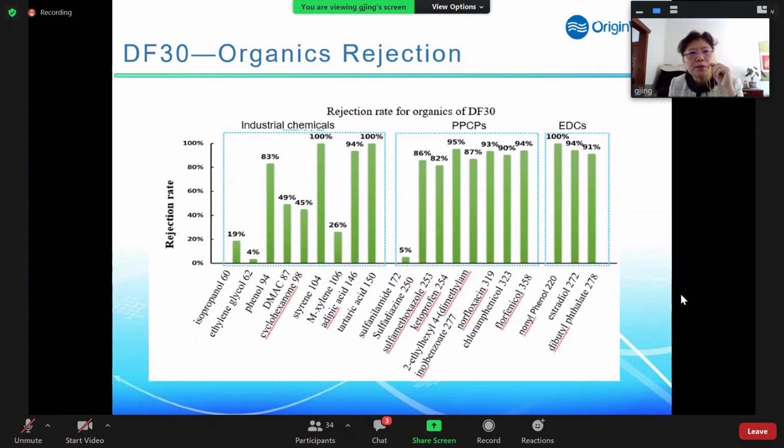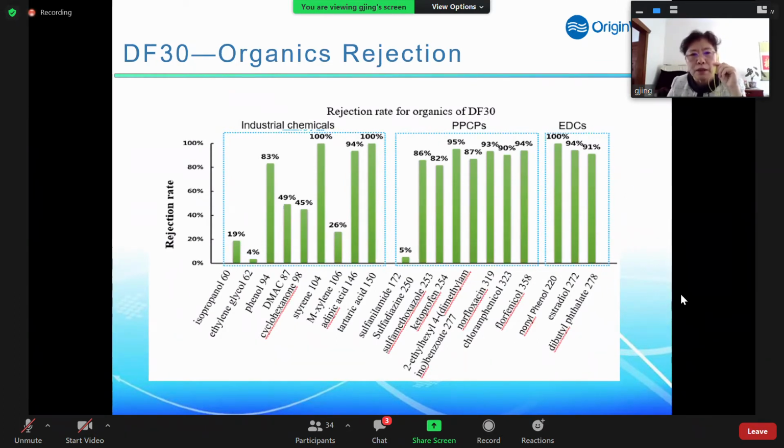But once we think about using nanofiltration membrane for water treatment, the organics we normally consider are industrial chemicals, pharmaceutical and personal care products, which probably exist in our water source, and also EDC compounds.